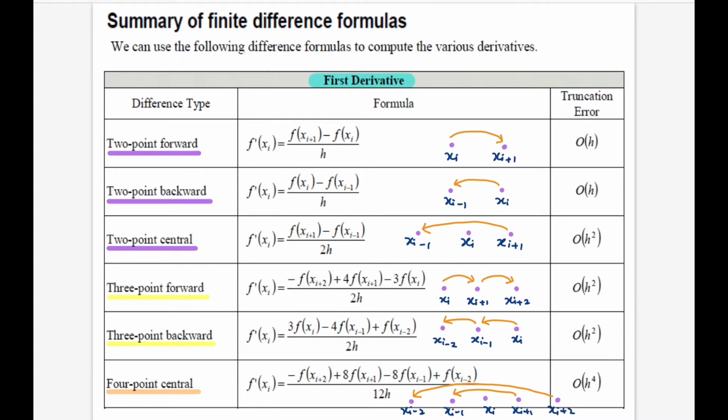And for 4 point central, you want to find this xi, so you will use these 4 points: xi plus 2, xi plus 1, xi minus 1 and xi minus 2. You just follow this formula, then you can find the finite difference 4 point central.